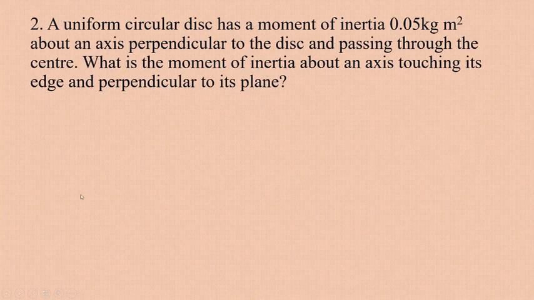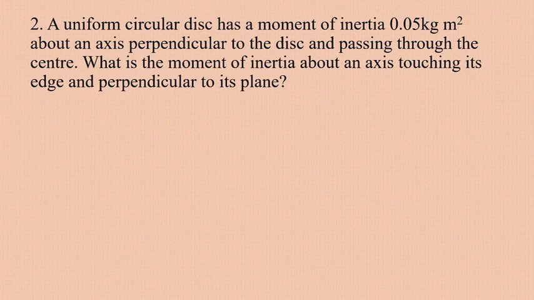The next problem. A uniform circular disc has a moment of inertia 0.05 kilogram meter square about an axis perpendicular to the disc and passing through the center. What is the moment of inertia about an axis touching its edge and perpendicular to its plane?